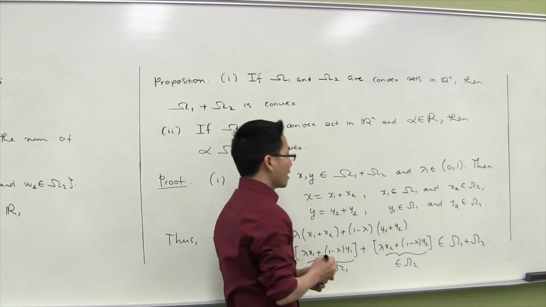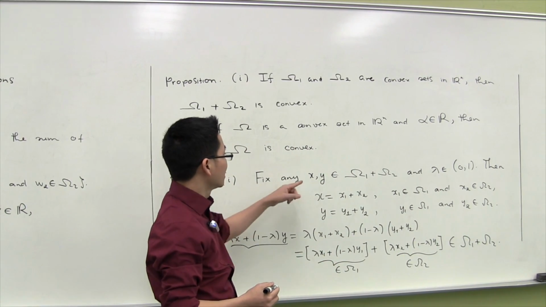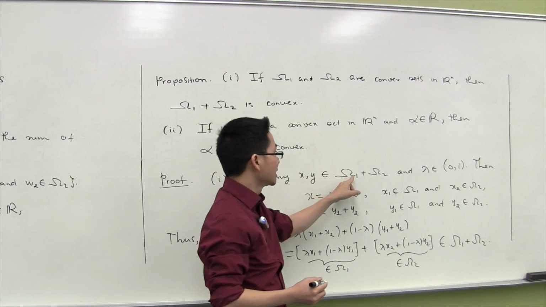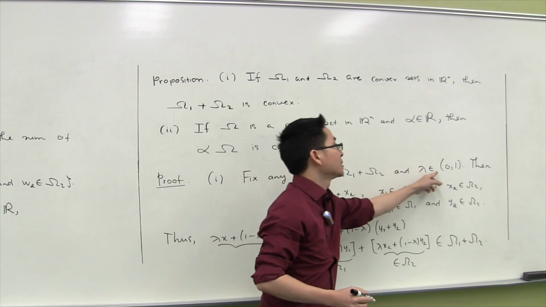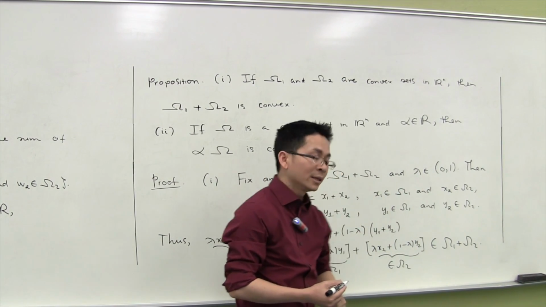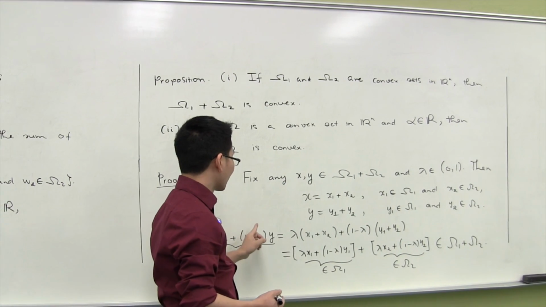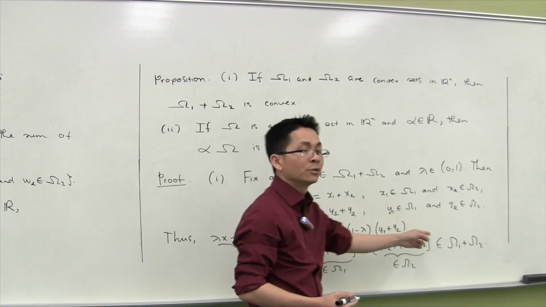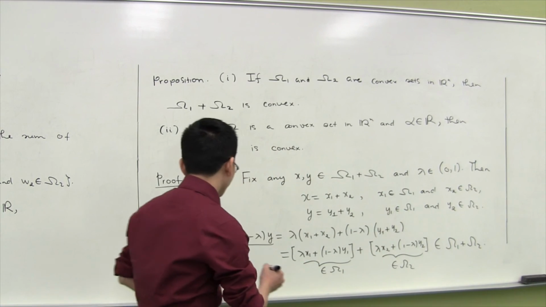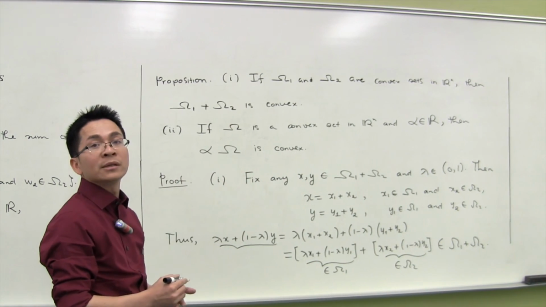So we have proved that if x and y are in this set and lambda is in the interval 0, 1, then lambda x plus 1 minus lambda y belongs to this set. Therefore, omega 1 plus omega 2 is convex.